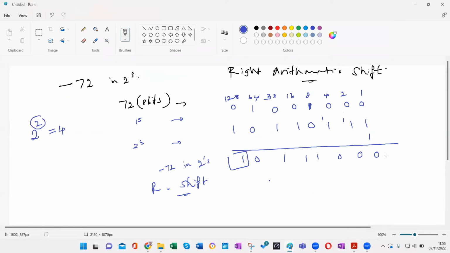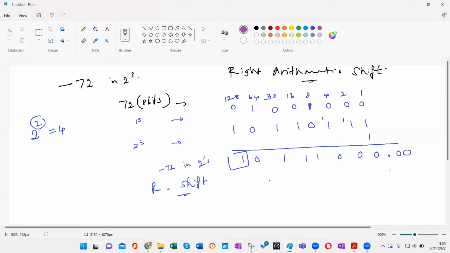Okay, for this I'm going to use a point here, a fraction point, just to show you that these are moving to the right. Now we have to do a right shift.